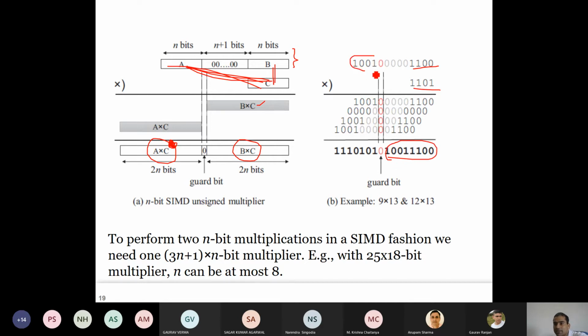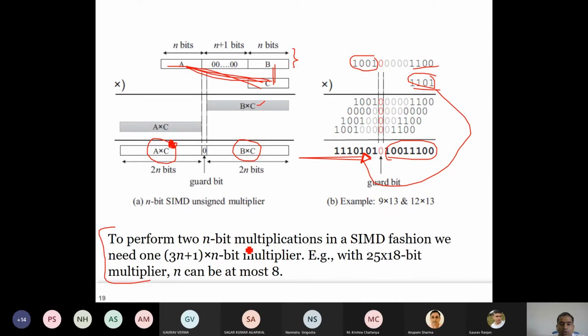And whatever is the multiplication 1001 and 1101, that answer comes here. And in between, there is a 0 bit, which is the guard bit. So please remember this formula. I will give some questions based on this.